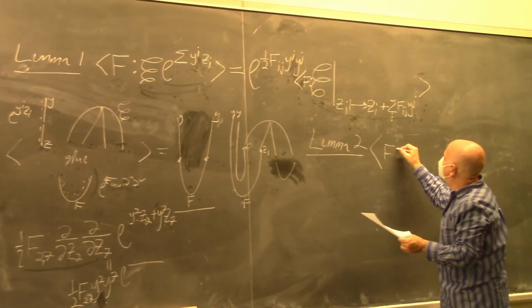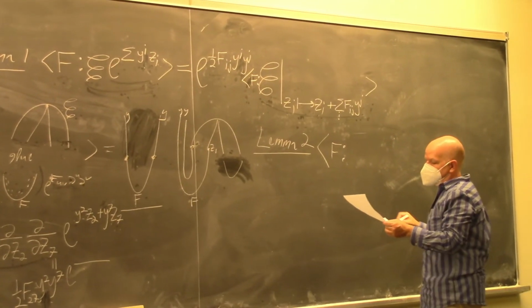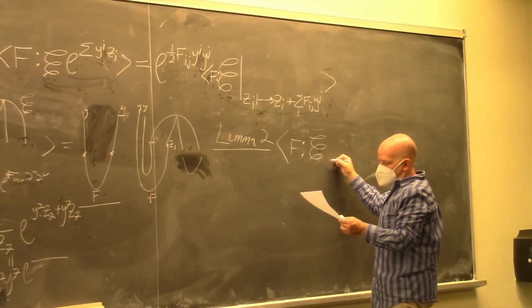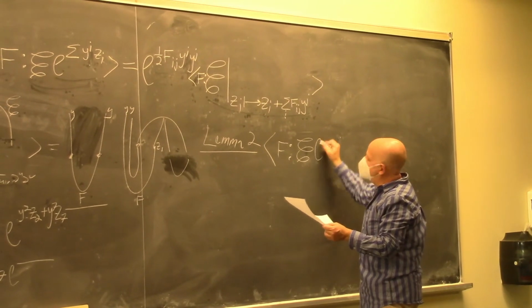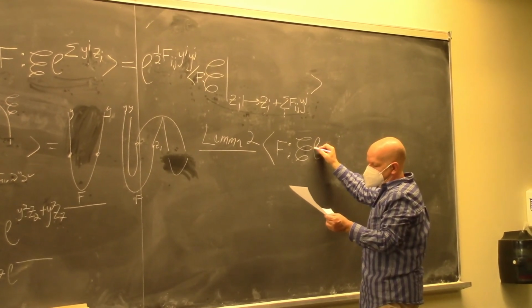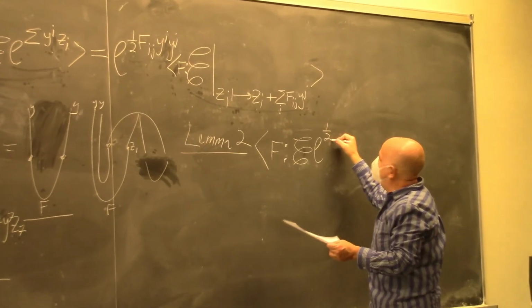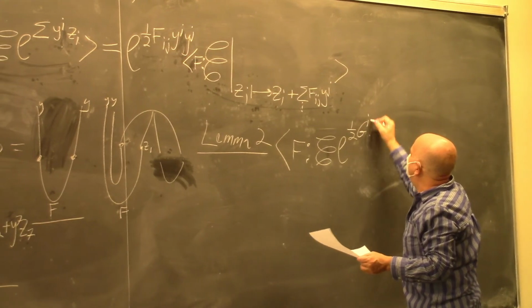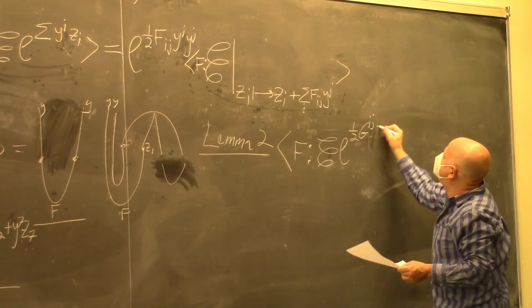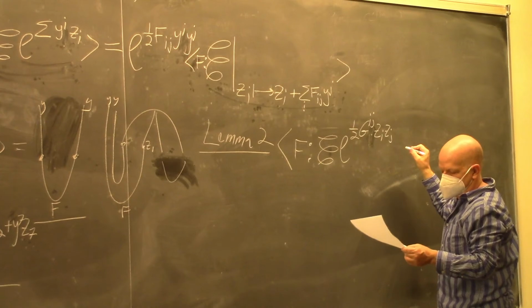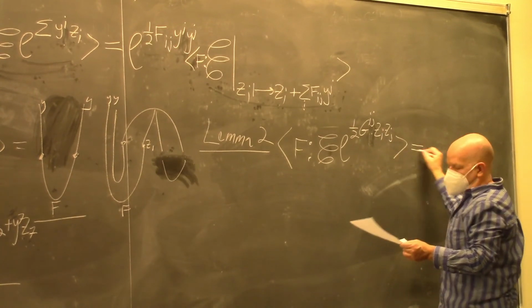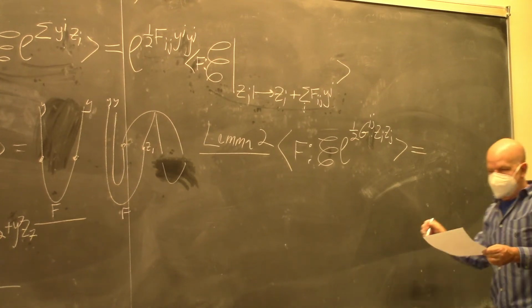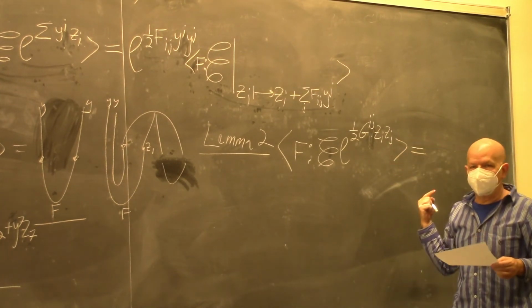So f paired with some arbitrary expression multiplied by the exponential of a quadratic, so 1/2 Zij is equal to, so again, let's prove it and then write the result.